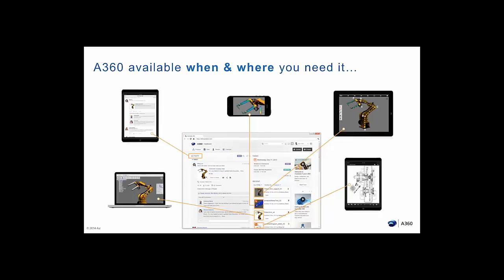We'll walk through this interface in a little bit, but the dashboard is very intuitive, very easy for your team members to use without having any design expertise themselves. So it's meant for the project people, anyone involved in the project, not just the designers and engineers.